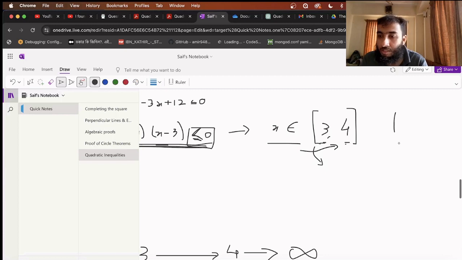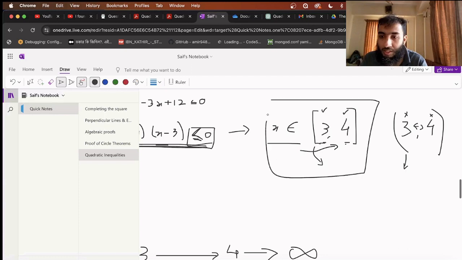But if it was the open interval, that would mean excluding the endpoints 3 and 4, so the range but not 3 and 4. In this case, it is including 3 and 4. That's why this bracket is used. So this is the solution.